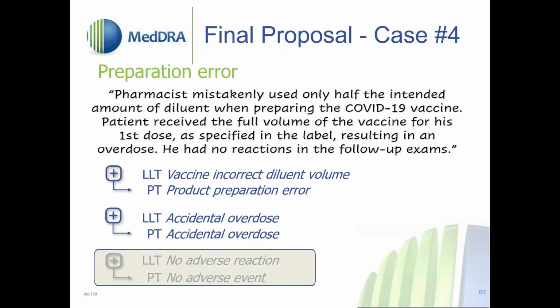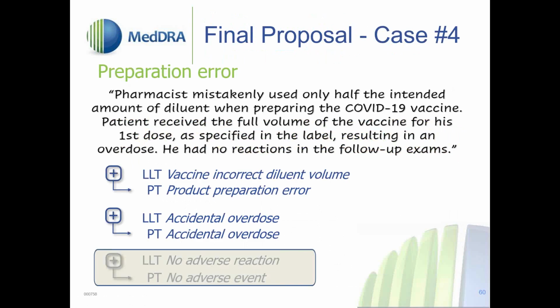No, you wouldn't make any assumption, but you would only consider to code this in addition if it's explicitly reported that no reaction, no adverse event occurred. Okay, and how would you decide between no adverse event and no adverse reaction? I would go with the verbatim. Here it was reported that no reaction occurred, so I would always try to stick to the wording of the verbatim.